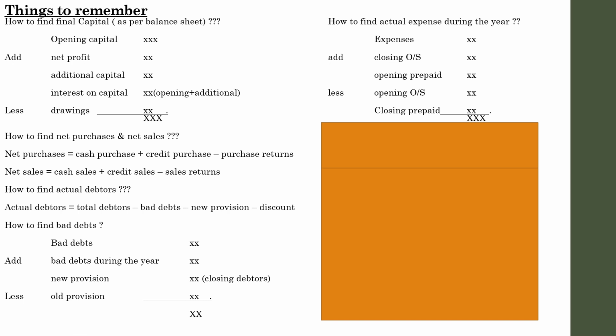So actual expenses means expenses that have occurred during the period or during the financial year. And why is there a need for finding the actual expense during the year?